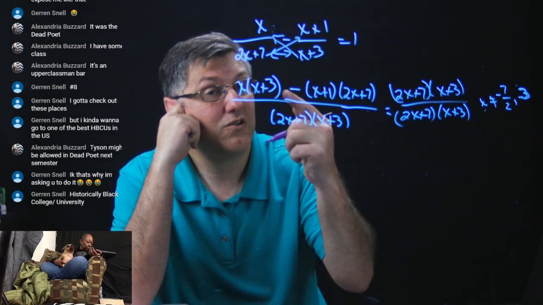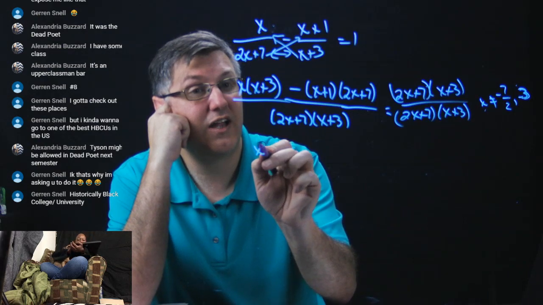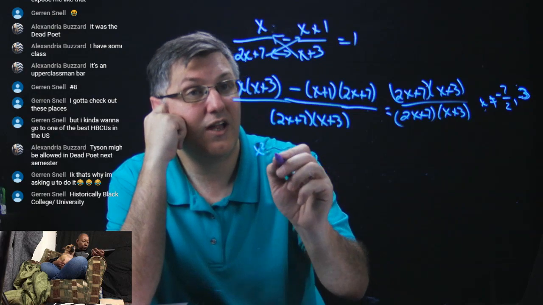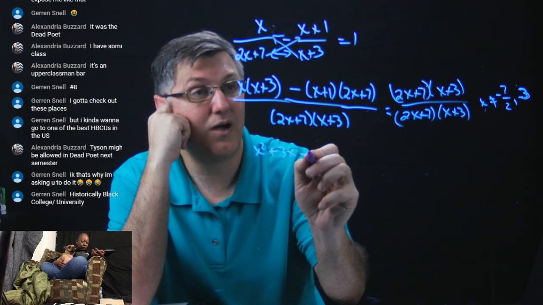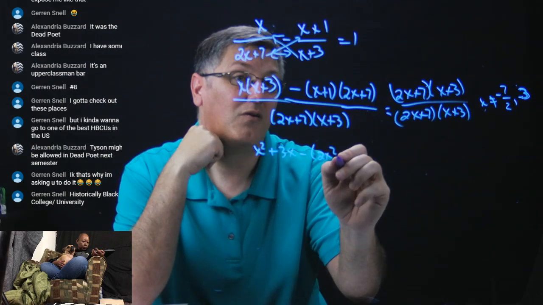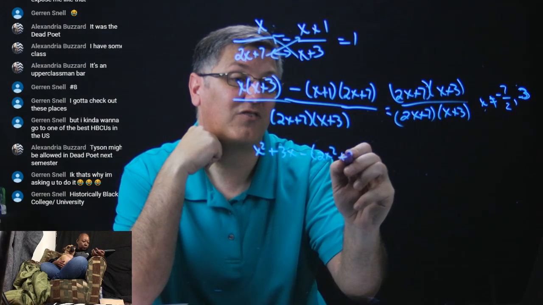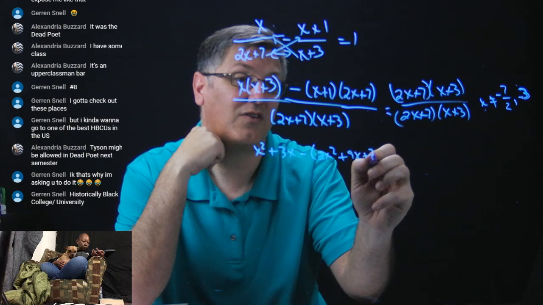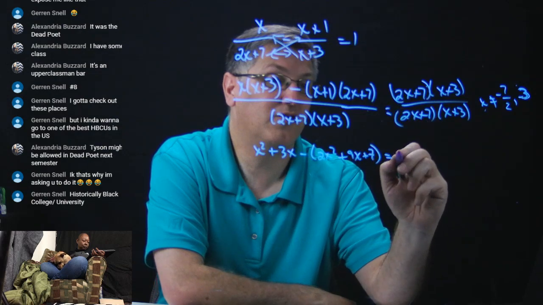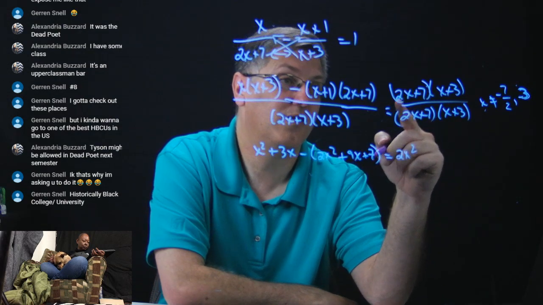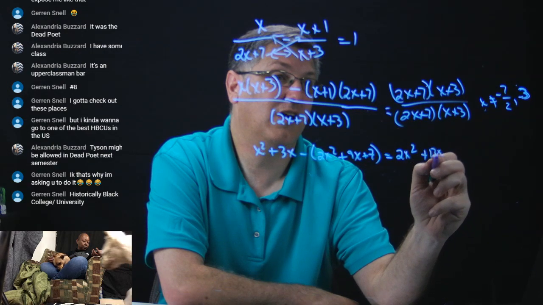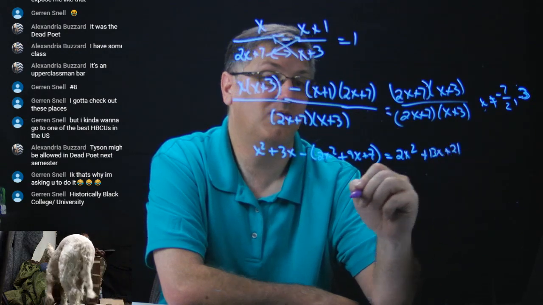From here, let's just clean things up. I've got x squared. I'm going to use the property of equality, so I'm only going to mess with the numerator. X squared plus 3x minus, this gives me 2x squared plus 9x plus 7, and that's going to equal 2x squared plus 13x plus 21.